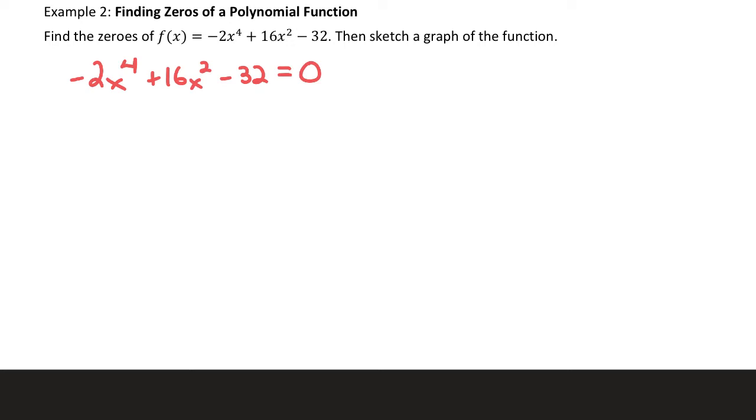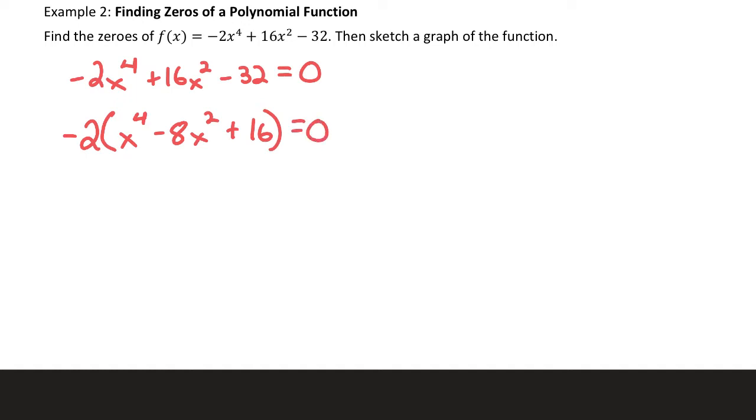In this function, I could factor out 2 from each term. The next level thing is to notice the first term is negative. So what I would do is I would factor out -2. So I'll be left with x to the 4th minus 8x squared plus 16. And that is equal to 0.